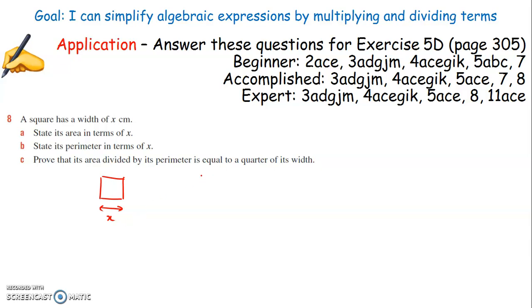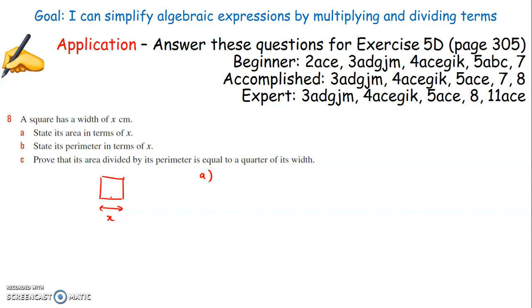Okay, and the first question asks us to state its area in terms of x. Now, very important, even though we know that this is a square, it's important that we show that it is a square. And how do we do that?